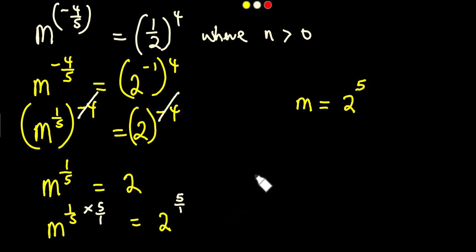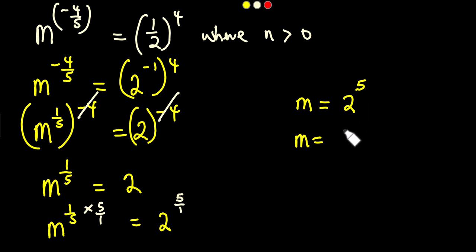Because you really want to work out the numerical value for m, all we need to do is write 2 to the power of 5 as a number. I like to break it down so you know what we do.